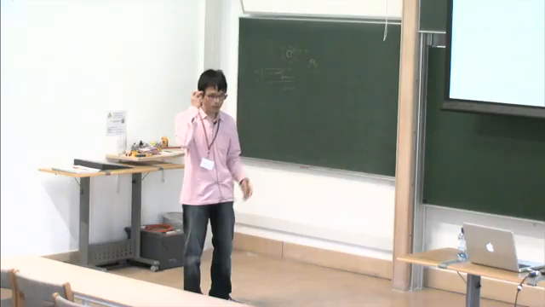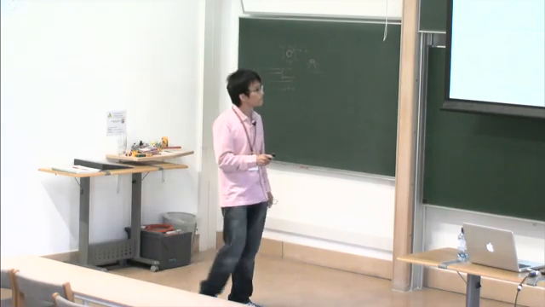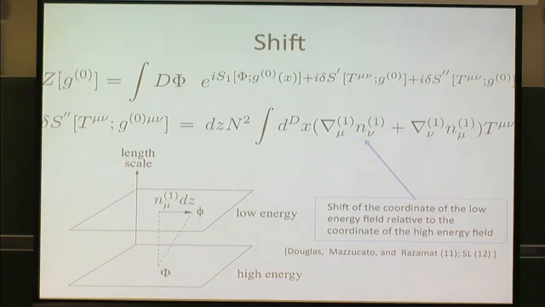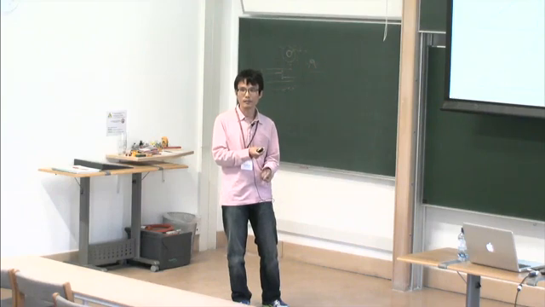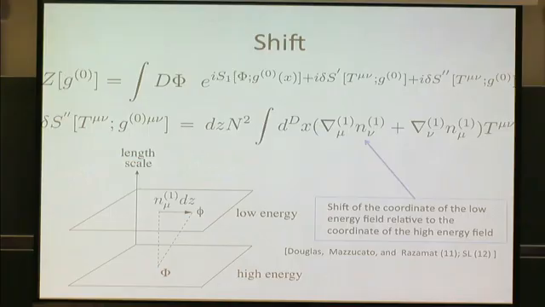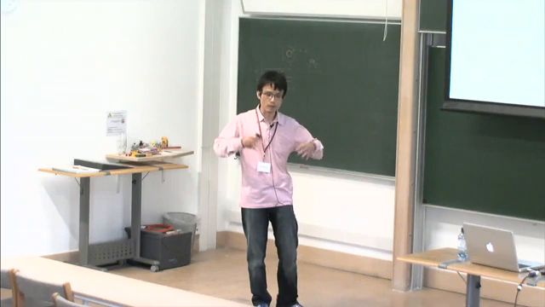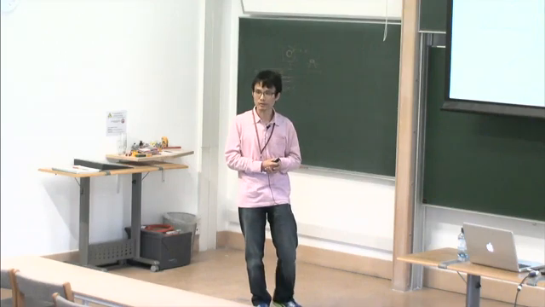Before we do that, let's exploit another freedom in our RG. In conventional RG, when we coarse grain, we assign the same coordinate to the low energy field as the coordinate of the high energy field. But we don't have to do it, especially because low energy fields will be coupled to a dynamical metric.